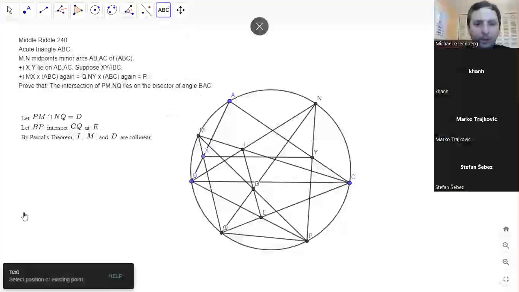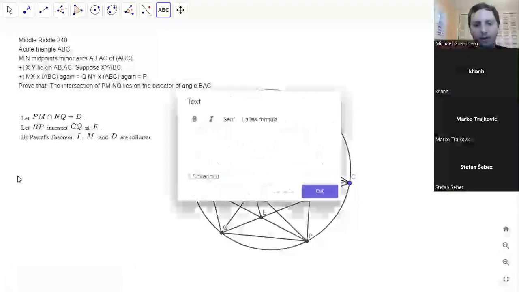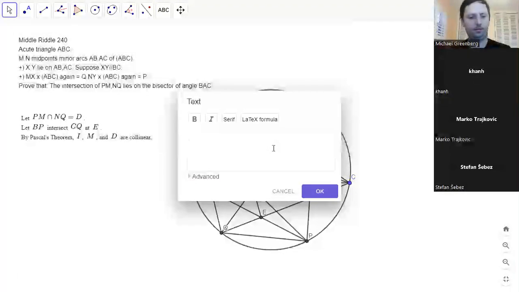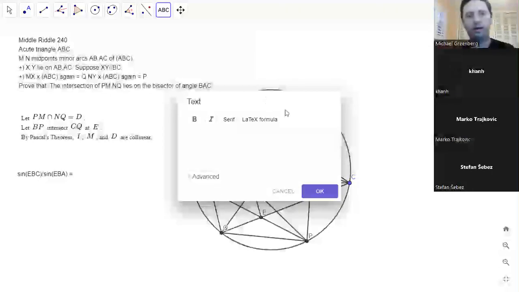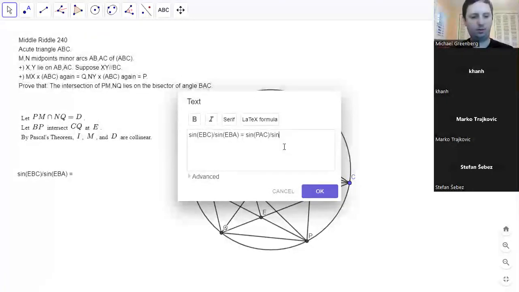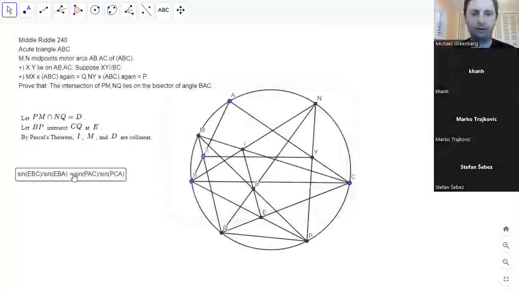So sine EBC over EBA. That's going to equal sine PAC over sine PCA. So I skipped a couple steps here, but I'll write it down in just a second.